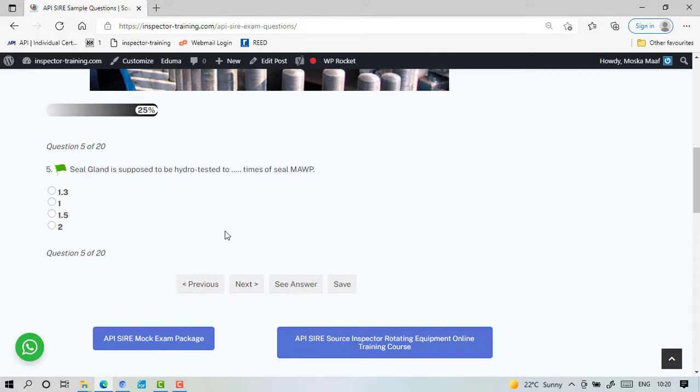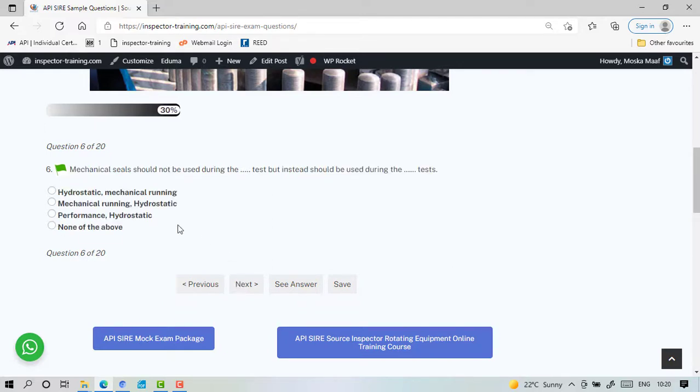Seal gland is supposed to be hydro tested to 1.5 times. It's always 1.5 times, guys, if there is a pressure test of seal maximum allowable working pressure. The mechanical seal should not be used during the hydro test, but instead should be used during the mechanical running test, because mechanical seals need to show that they can perform at the mechanical running test.